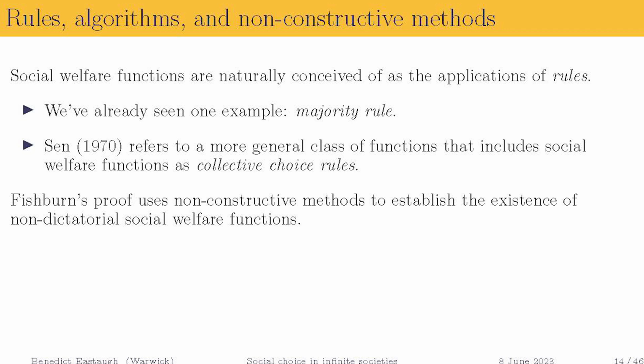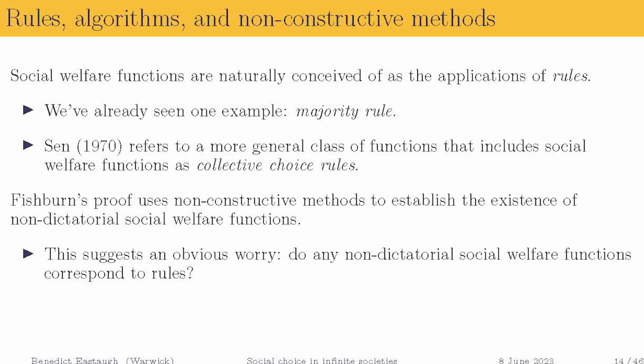It uses very non-constructive methods, in fact. And this suggests an obvious worry. Well, Fishburn shows that there are, mathematically speaking, these non-dictatorial social welfare functions, but do any of them correspond to rules? Are there any that we could actually even potentially use?